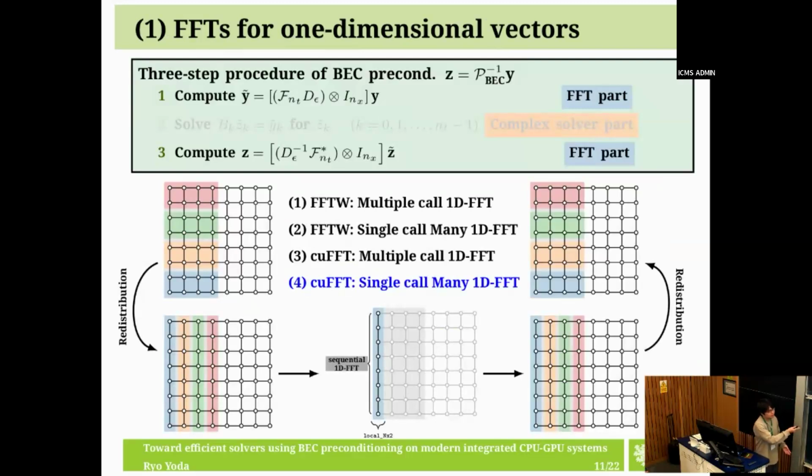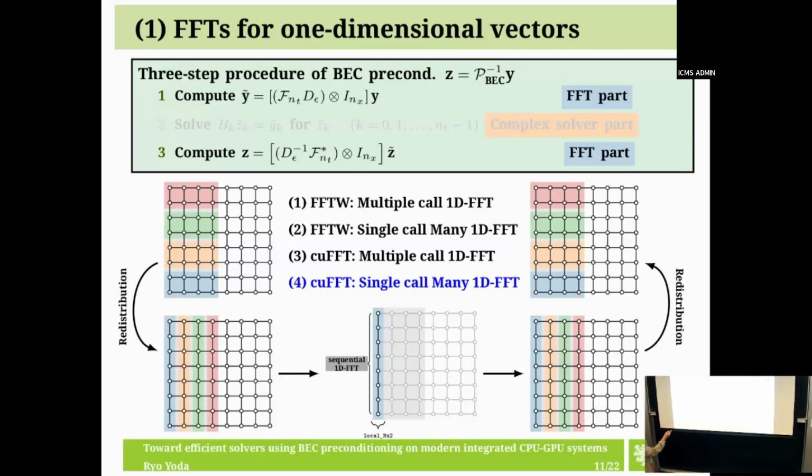These techniques were already introduced in Josh's talk. This figure is the space-time data distribution. The x-axis is space, and the y-axis is time. Considering the space-time parallelization, we can see these colored block data distributions.